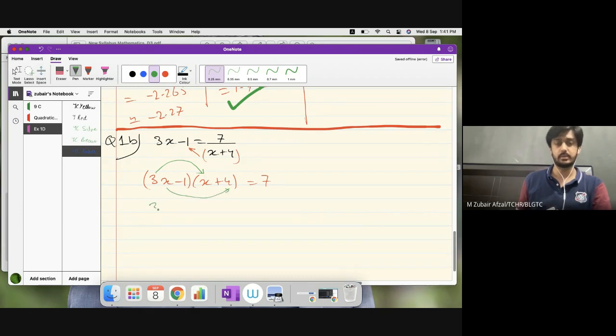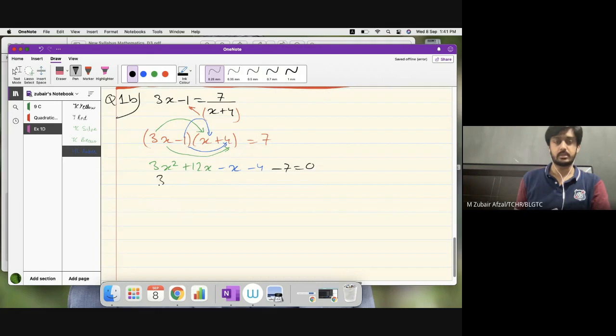What do we get? 3x square plus 12x, and then we have -1. Multiply this with both of the numbers one at a time. This is -x and -4. May I bring 7 to the left hand side in the same step?